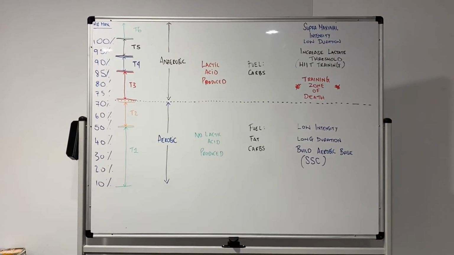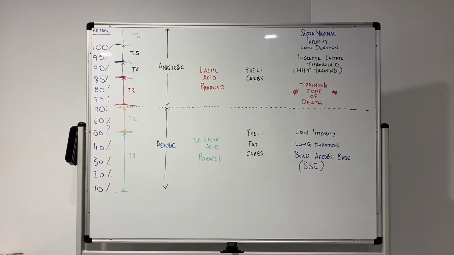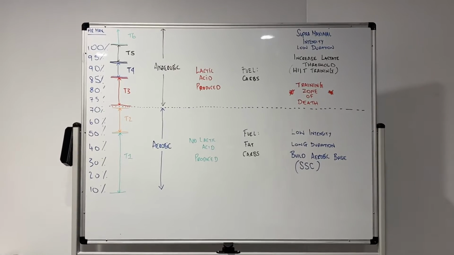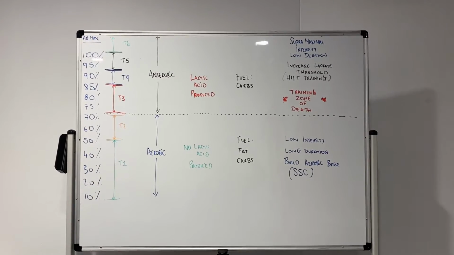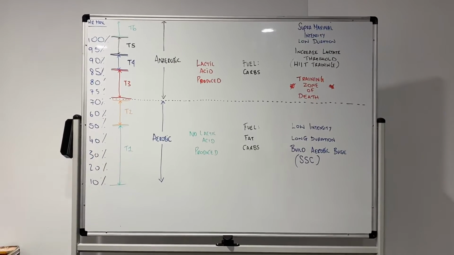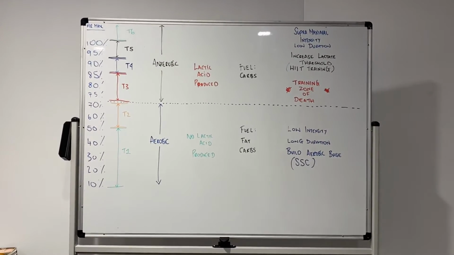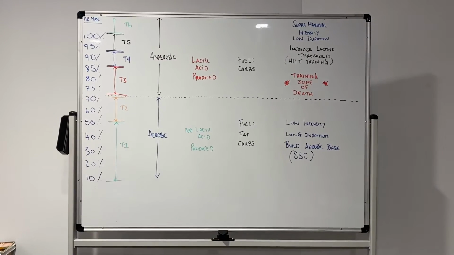As we get into training zone 3 and into training zone 4, we are now working anaerobically. We are able to utilize fuel within muscles and within bloodstreams, from a source being carbohydrates, and we are starting to produce lactic acid.